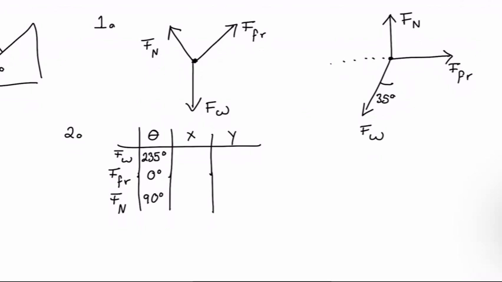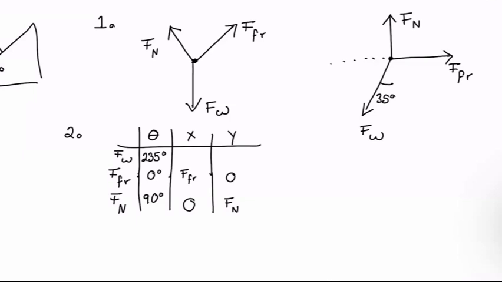Therefore, if I put in my numbers, I am going to get 0 over here, 0 over here. If I do sine of 90, I'm going to get a 1 times my normal force, which is just normal force, and same thing for the friction. If I do cosine of 0, I'm going to get 1 times my friction, which is friction. And from there, I'm going to do cosine and sine of 235.